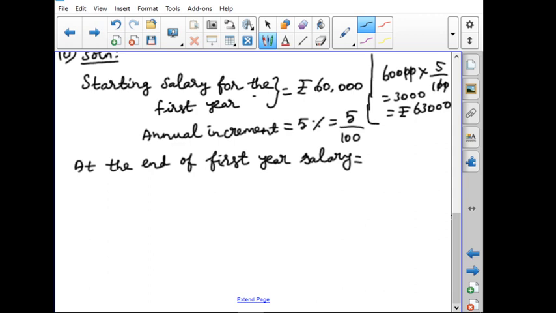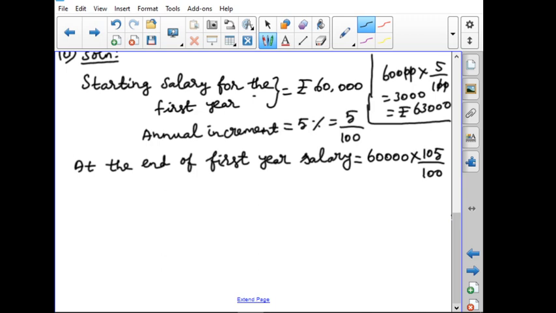This 63,000 we can write like this. The salary here is 60,000. Next, the increment means we have to add to the salary. They have given the percentage, so 5 means you have to add 5. So we get 105 by 100.